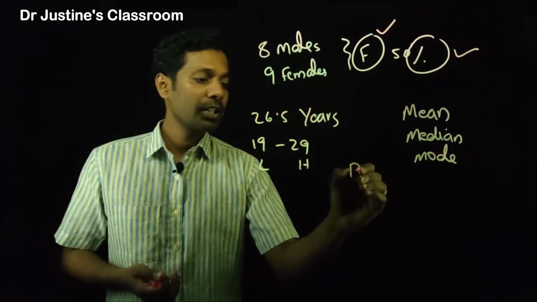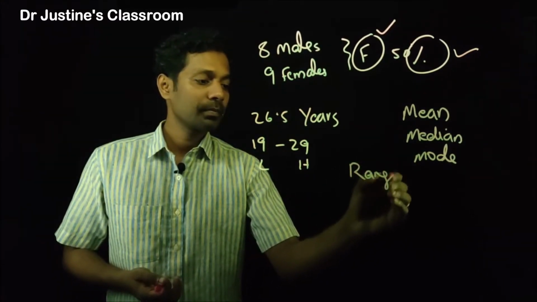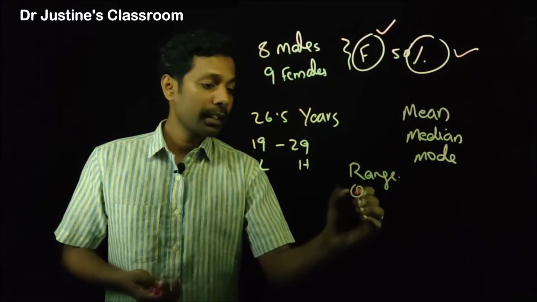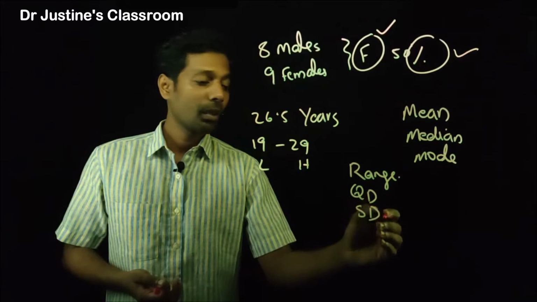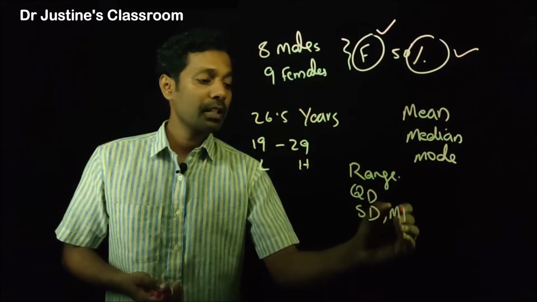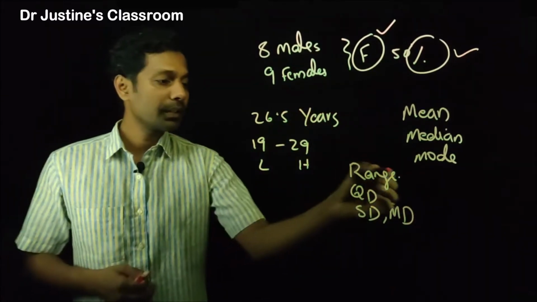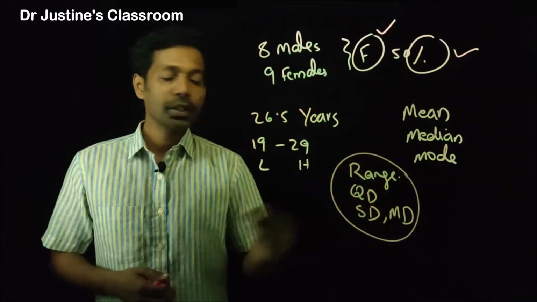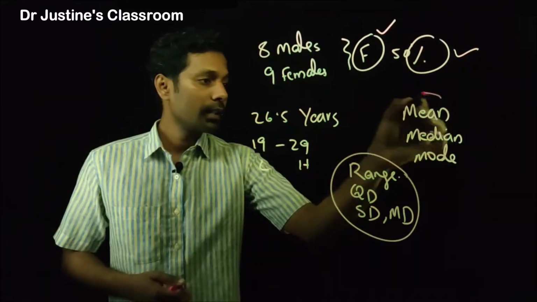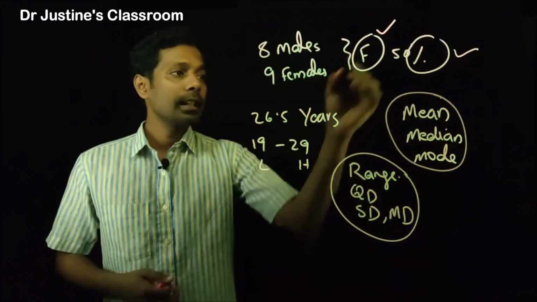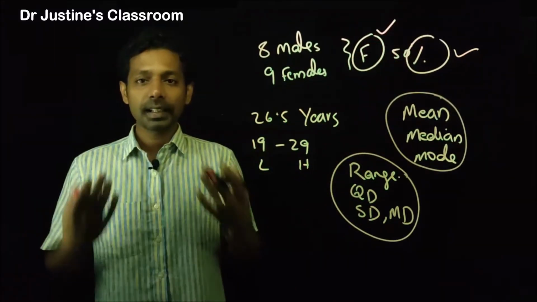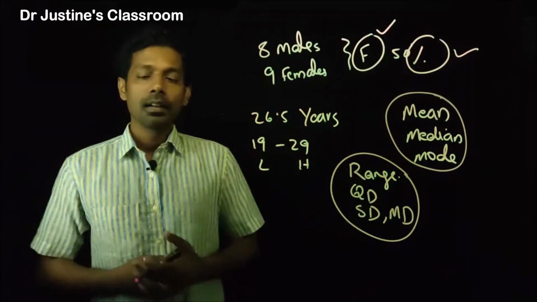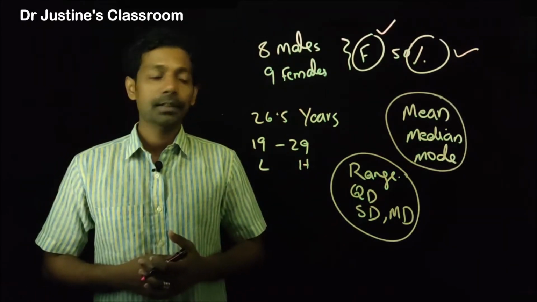One is range. Then we have quartile deviation, we have standard deviation, or we use mean deviation, like that. So these are the different measures of dispersion. These are the measures of central tendency and frequency, percentage. These are the major ways in which we describe our sample. So this is descriptive statistics.